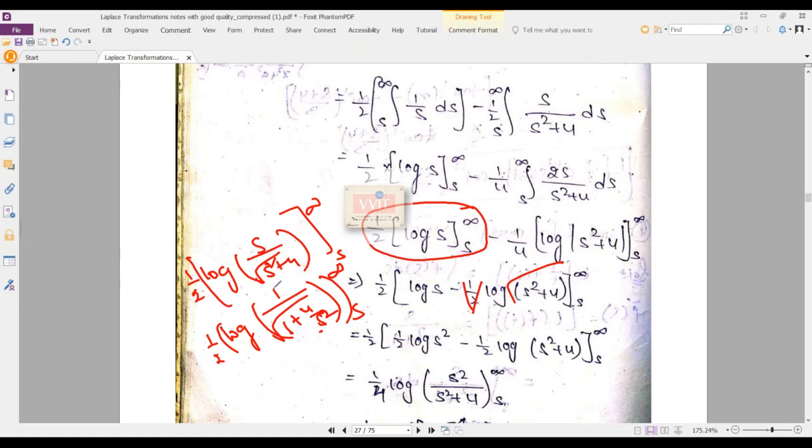Under root of 1 is 1, 1 by 1 is 1, so log 1 is 0. So for the upper limit, this whole value will be 0. Only the lower limit will exist. So minus 1 by 2 times, or I can reverse this: under root of s square plus 4 by s.